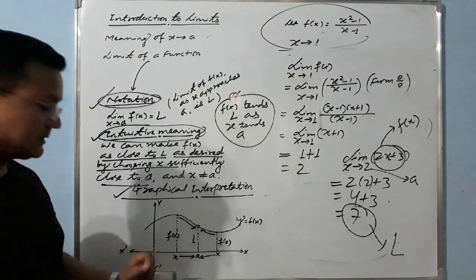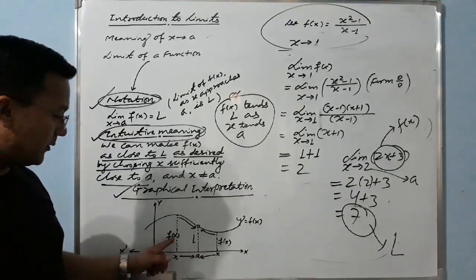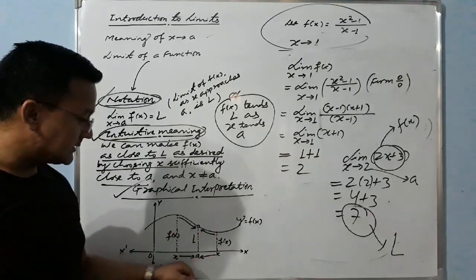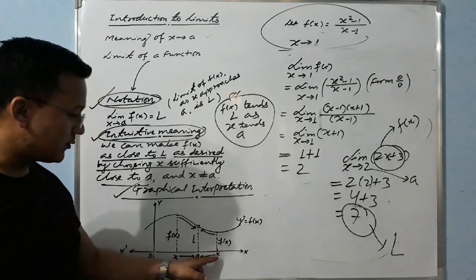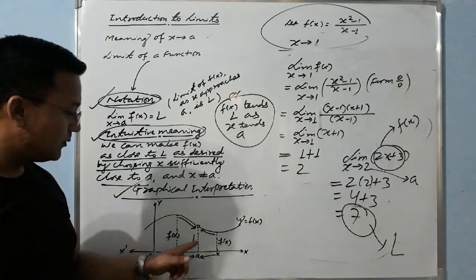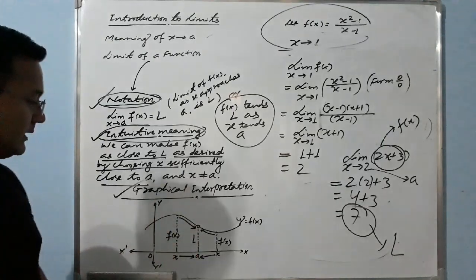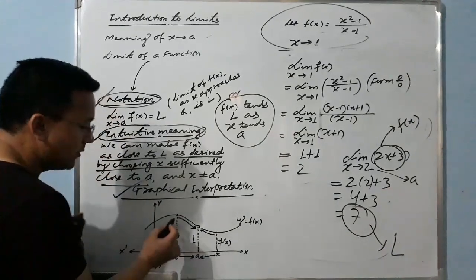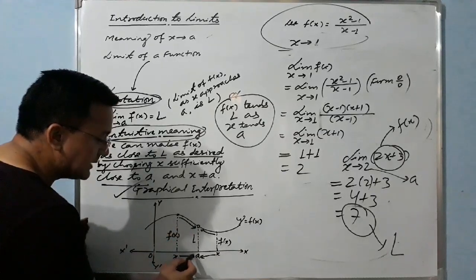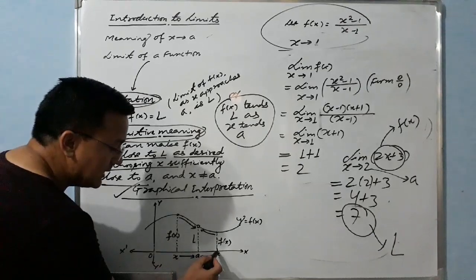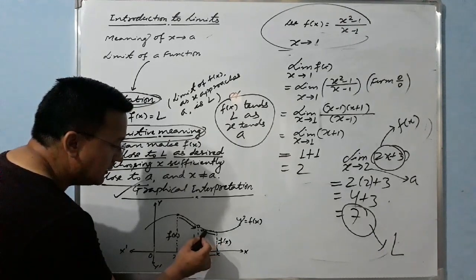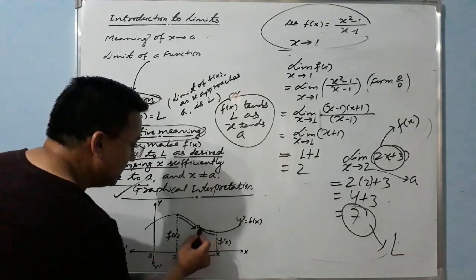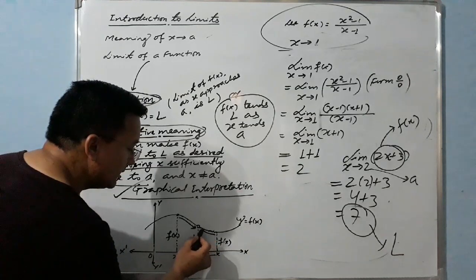As x approaches a from the left, f of x approaches L from the left of L. And as x approaches a from the right, f of x approaches L from the right of L. See, I have made the curve from here to here, and as x approaches a, the value approaches L, first from here and then finally here.